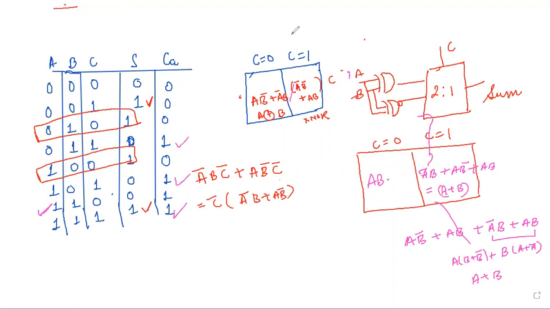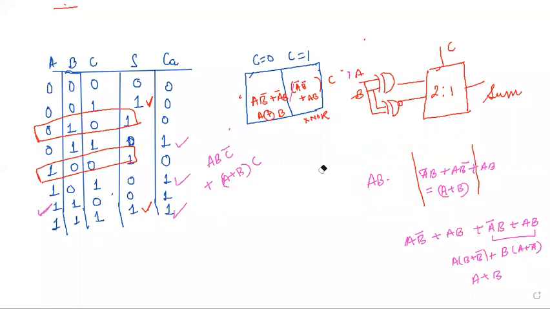So now this gives me a clear picture that my 2:1 mux can be used for implementing the full adder with carry. Let me erase it from here and note down these terms. It is AB into C bar, and the other is A plus B into C. I implement it here.